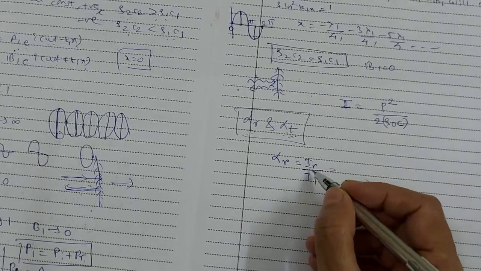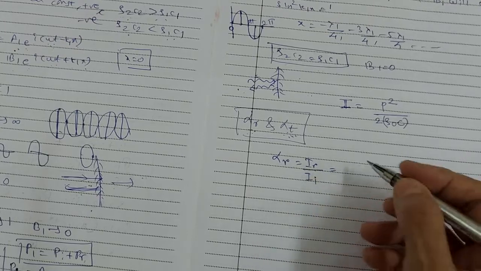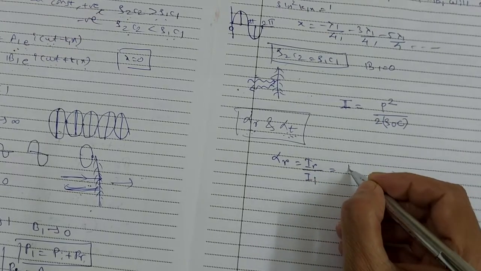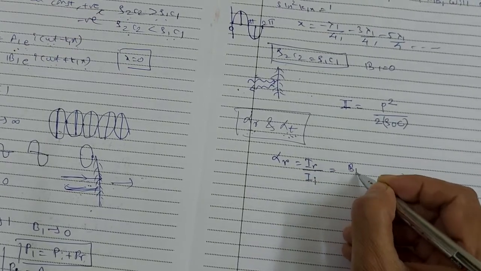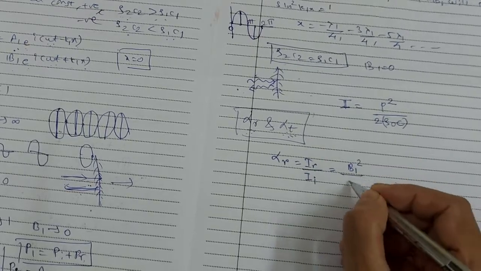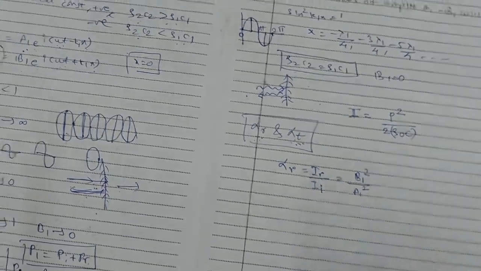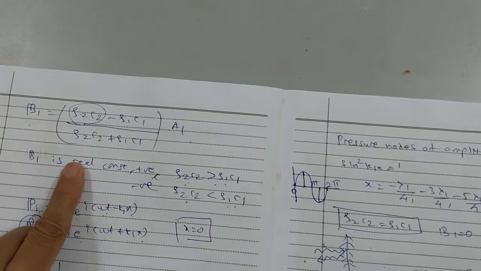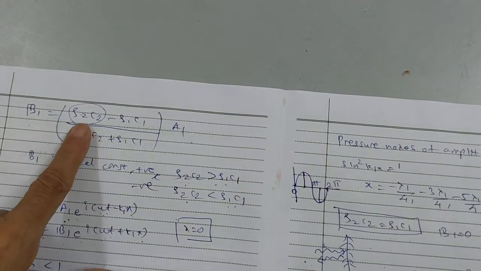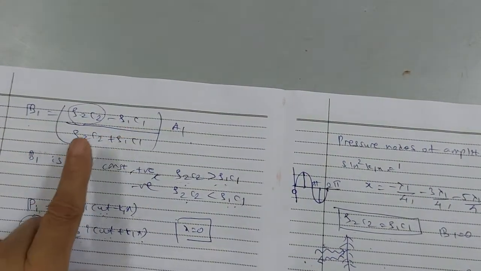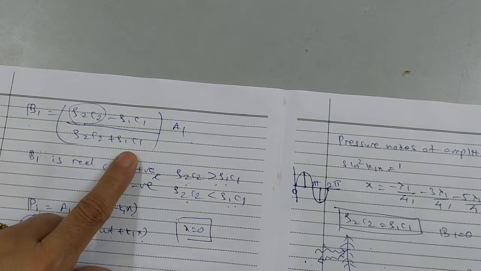In case of IR, what is the amplitude term we got? We have got B1 squared divided by real A1 squared. That's the expression I told you earlier. B1 was rho 2 C2 minus rho 1 C1 upon rho 2 C2 plus rho 1 C1.